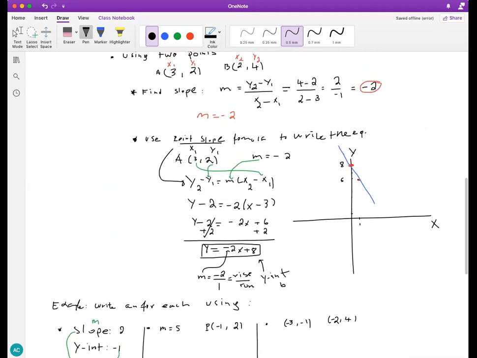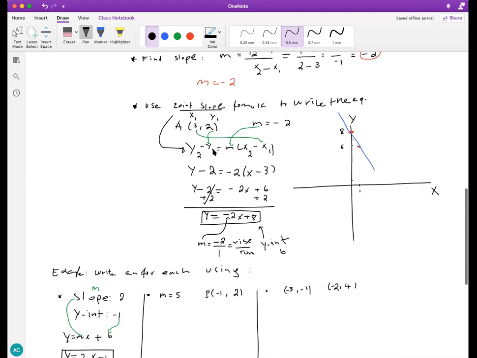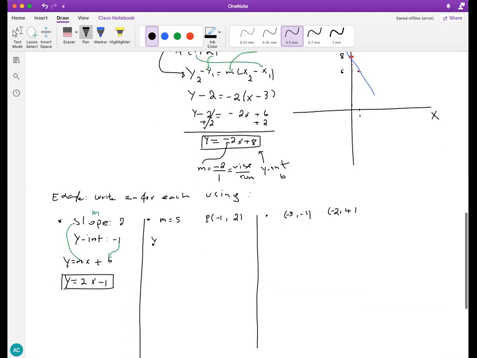And this is a point-slope formula here. Let's write it down again. So y2 minus y1 equals m times x2 minus x1.